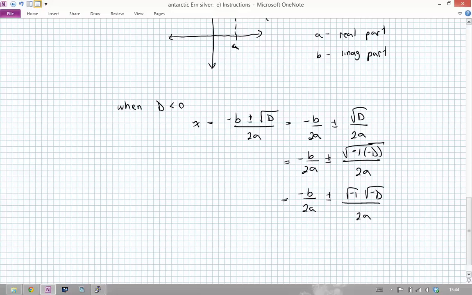Now, the square root of negative 1 is i. So let's keep going. And so now we have something that looks a lot like a plus ib. And the a and the b up there are different from the a and the b down here. This is the real part, and this is the imaginary part.